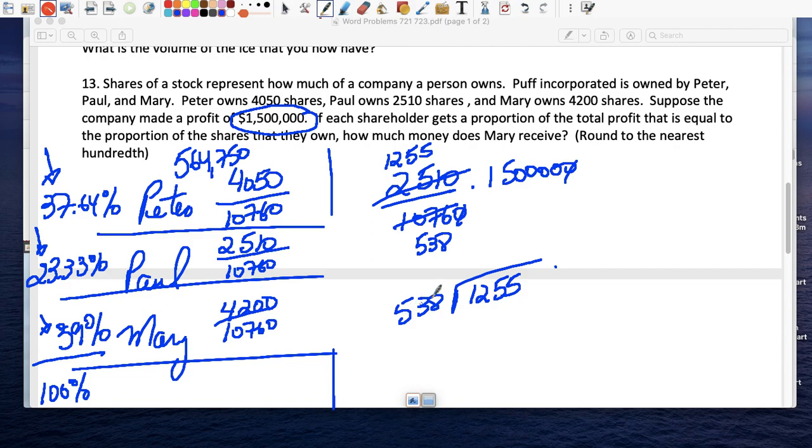Well, let's see, 538 goes into this 2 times, which is 1,076. 15 minus 6 is 9, 14 minus 7 is 7, then 1 minus 0 is 1. We're going to add a decimal, which allows me to add a 0. 500 into 1,700 is about 3 times.